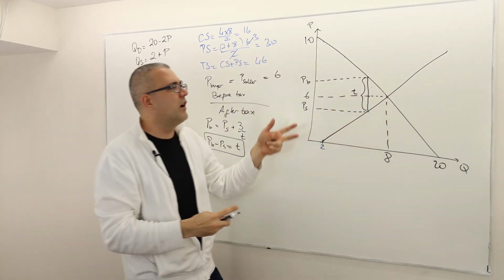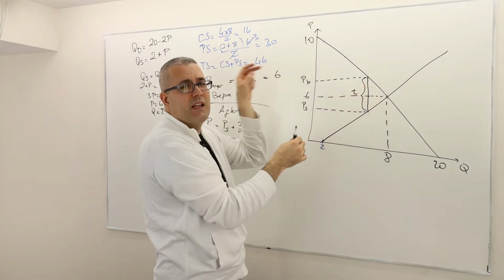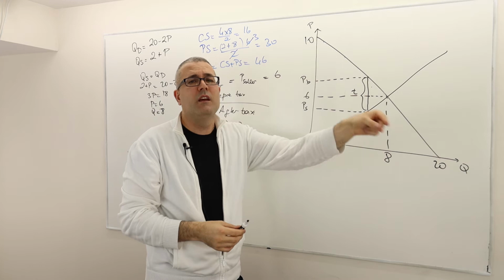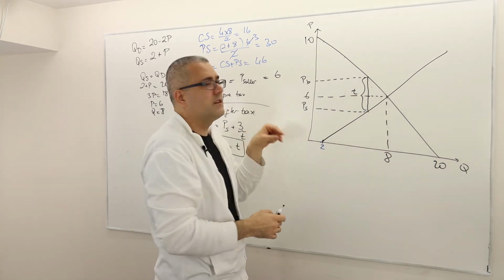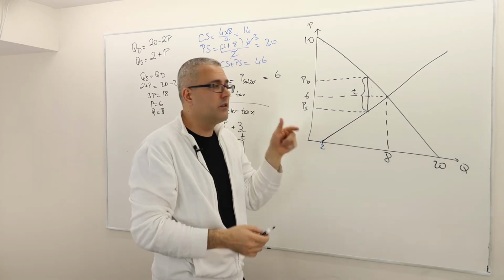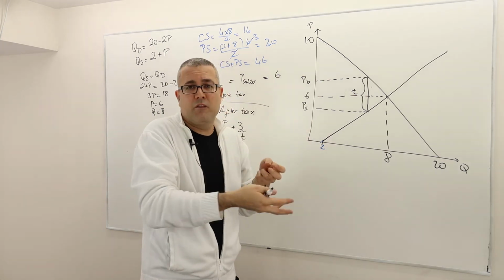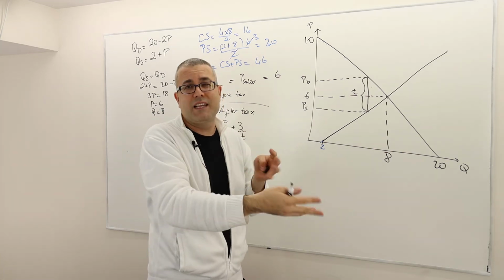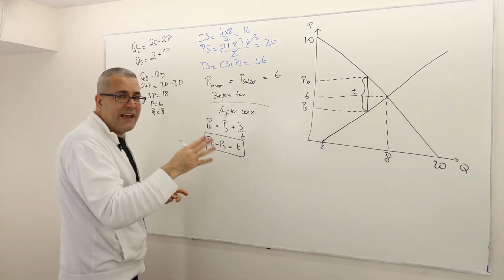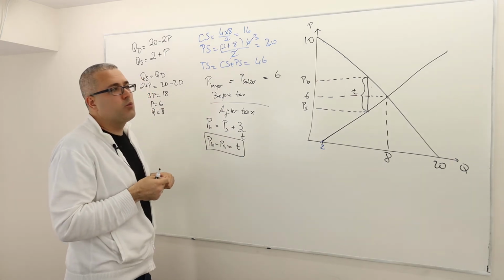This is exactly why I drew it. This is the buyer's price that the buyers must pay if they want to buy this good. And this is the amount of money the sellers will receive once they sell the good, net of tax.